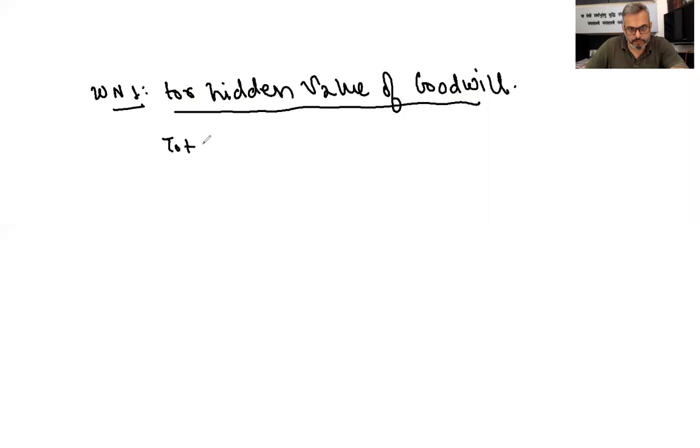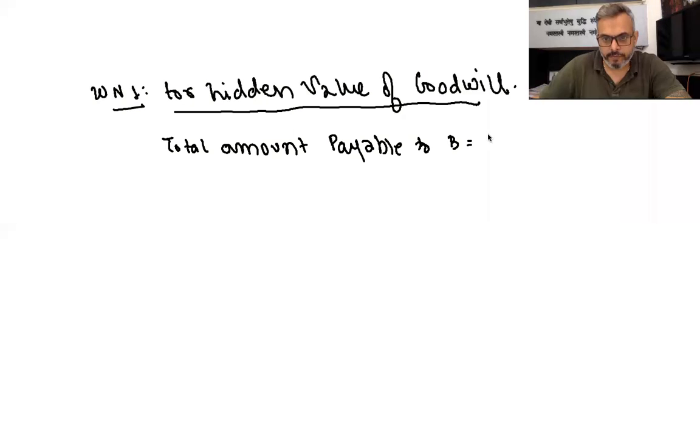Total amount payable to B, who is retiring, is equal to 1,50,000, minus, it's given in the question, B's capital after distributing profit on revaluation and accumulated reserve and profit and loss is 1,20,000.